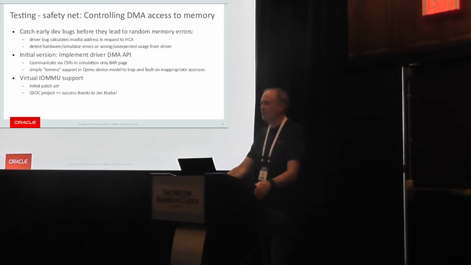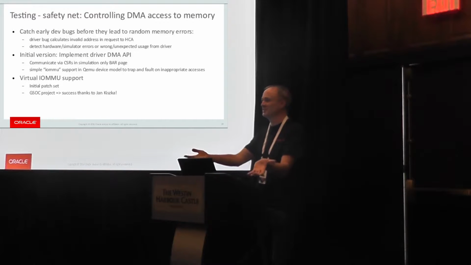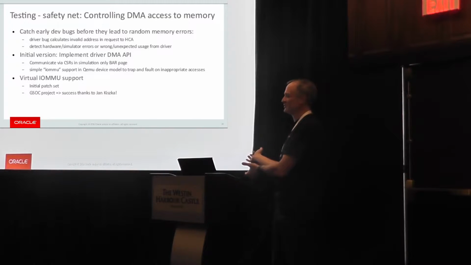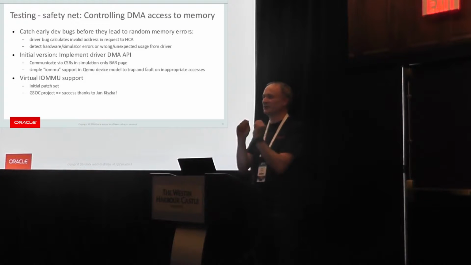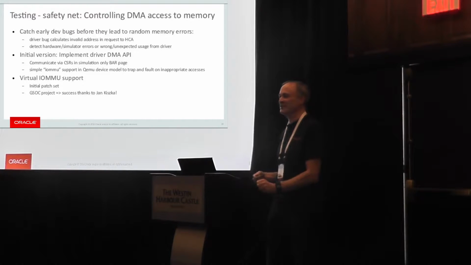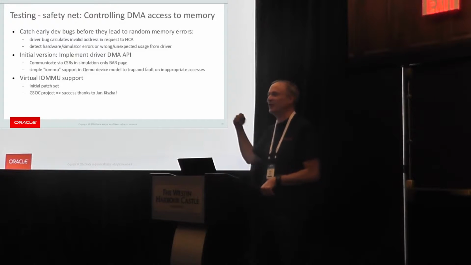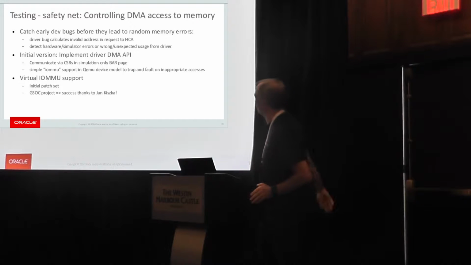One of the things we figured out early that we needed was a safety net. The hardware was not finished and the software wasn't finished, and the driver requests some address to be fetched from memory by the device. It's very easy to make mistakes, so that it reads from somewhere else, or even worse, writes to some random location in the kernel.